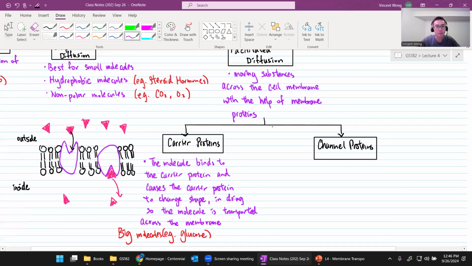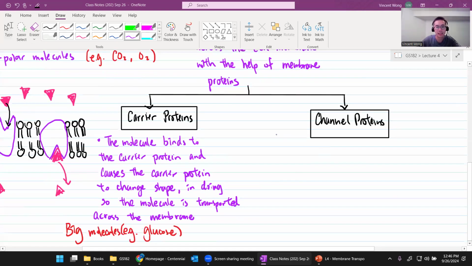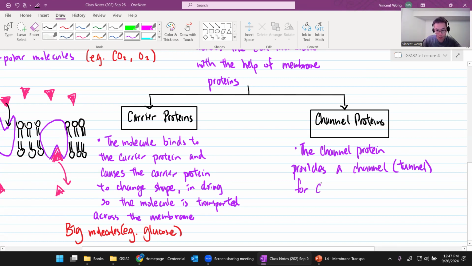Okay, so for channel protein, what happens is that the channel protein provides a channel. Okay, channel is another way to say tunnel. Provide a channel or tunnel for charged molecules to pass through.